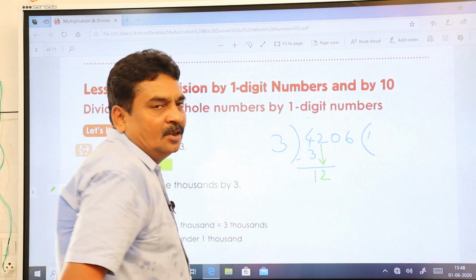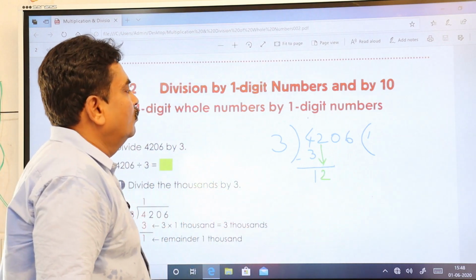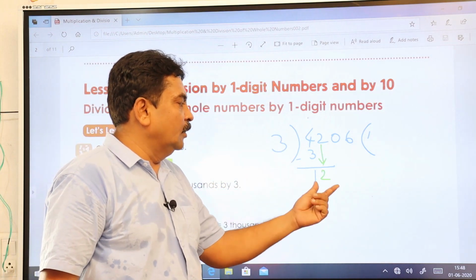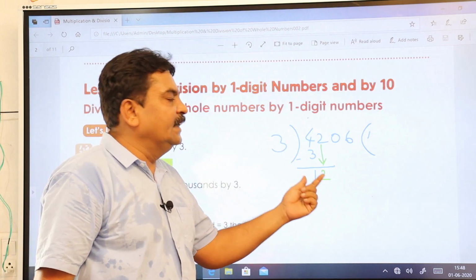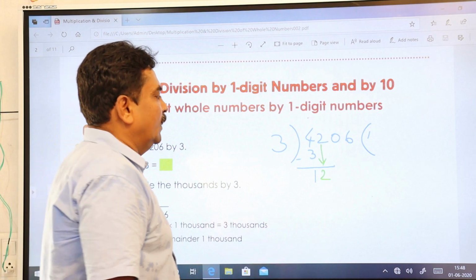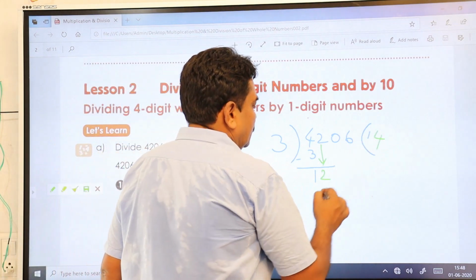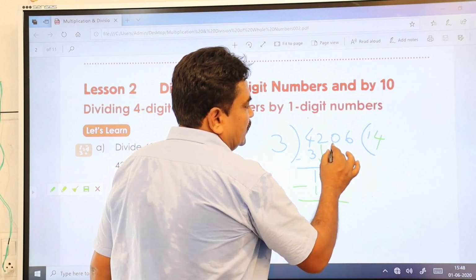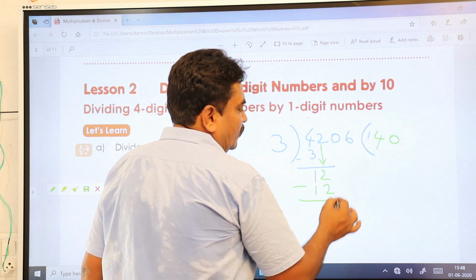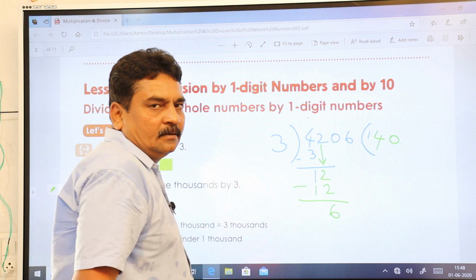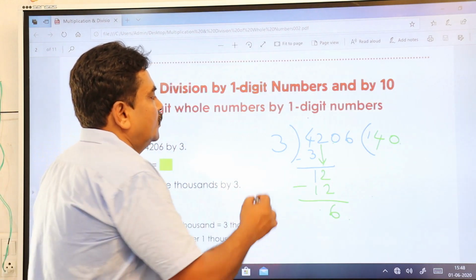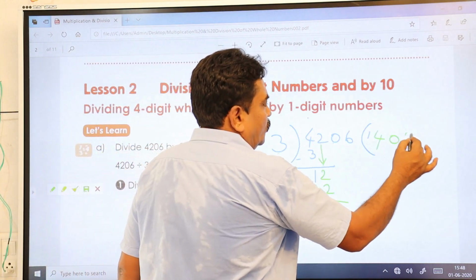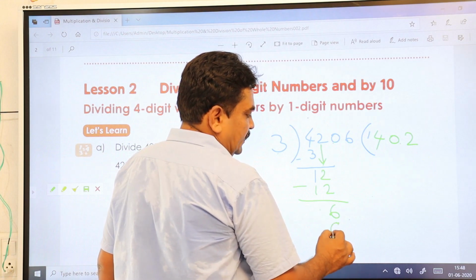Now it becomes 12. So check in the table. Okay, 3 table. 3 4s are 12. 3 4 times 12. 0. This 0 you can keep it here and you carry 6 down. So 3 2s are 6.